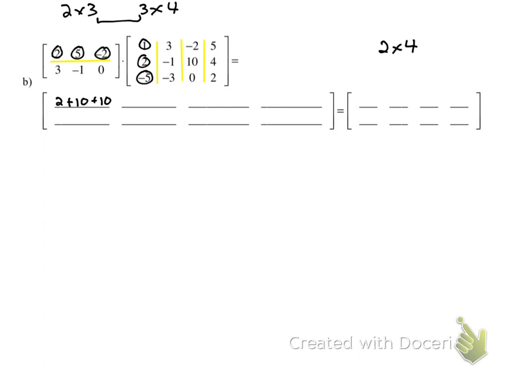For 1 by 1, 2 by 2, 3 by 3. Okay? Next, I'll have 2 times 3 is 6, plus 5 times -1 is -5, plus -2 times -3 is 6.